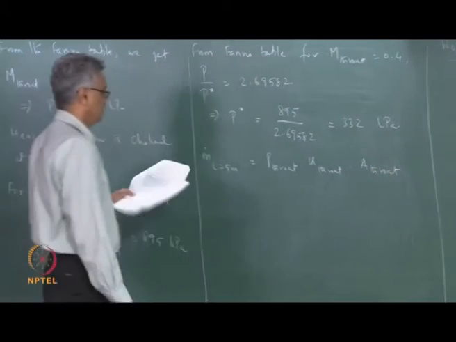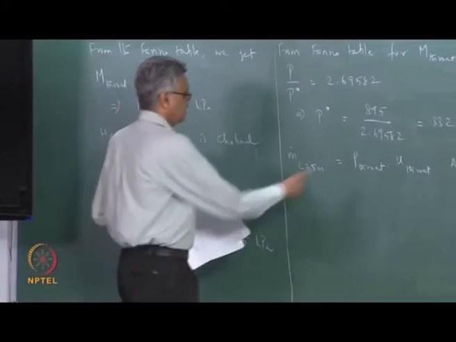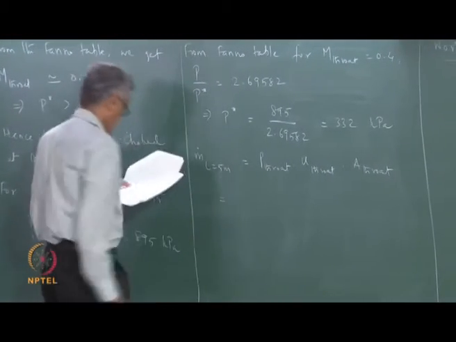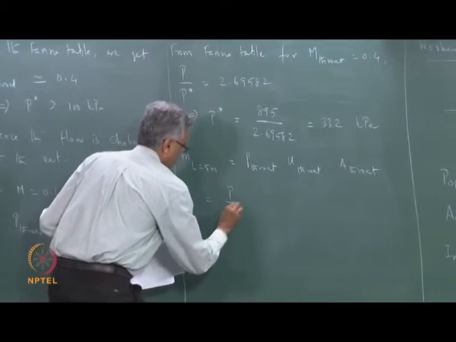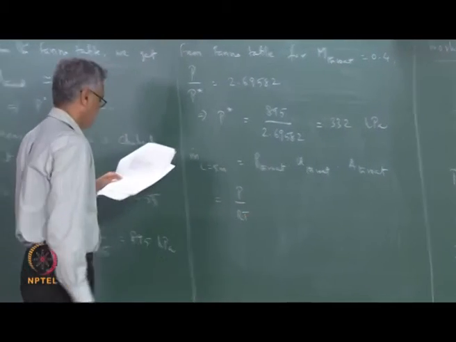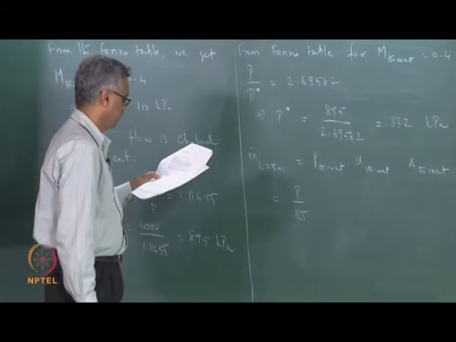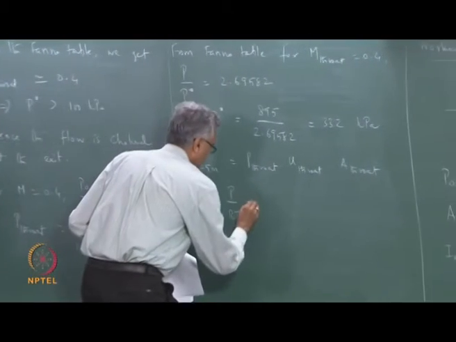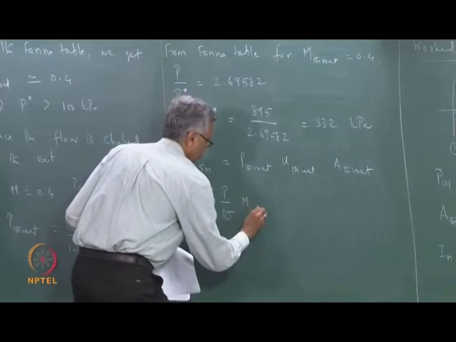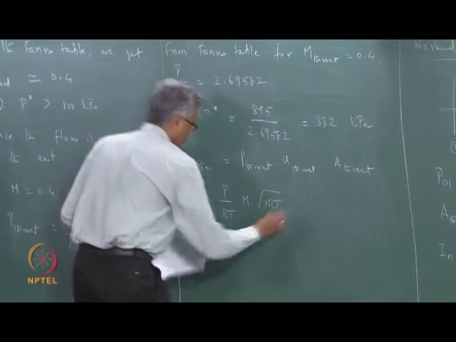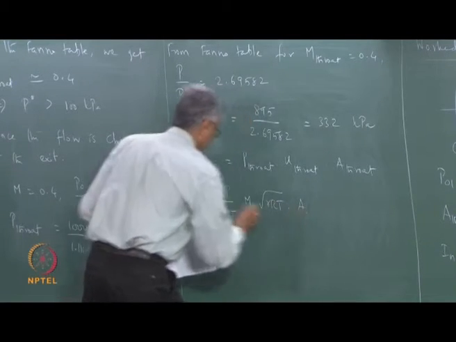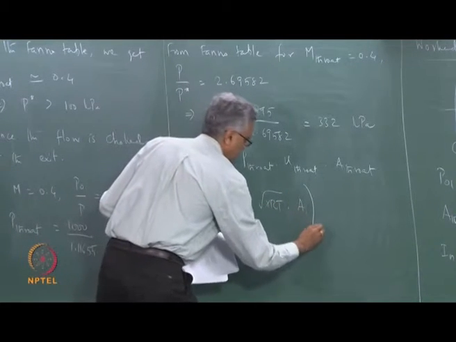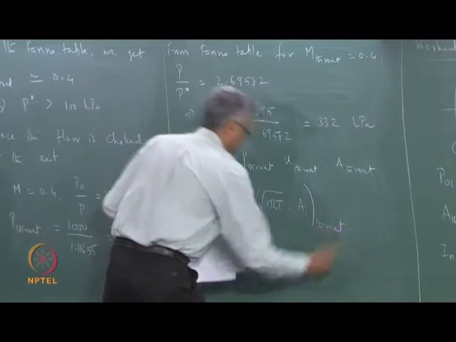So rho U A at the throat section, and I can rewrite this as follows: rho is nothing but P over R T, and U can be written as M times square root of gamma R T, and A we leave as it is. So this is evaluated at the throat section.